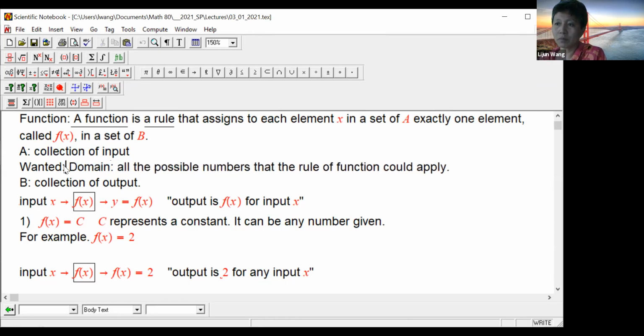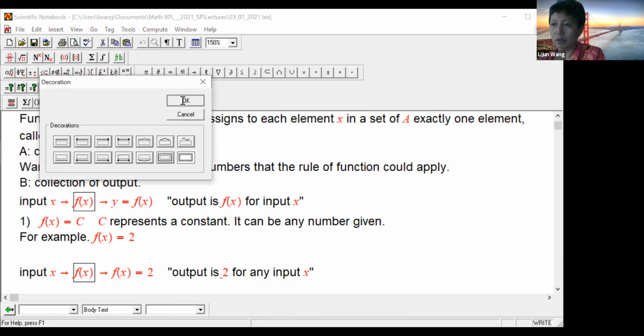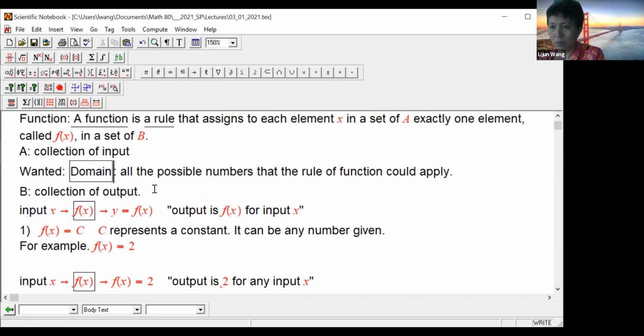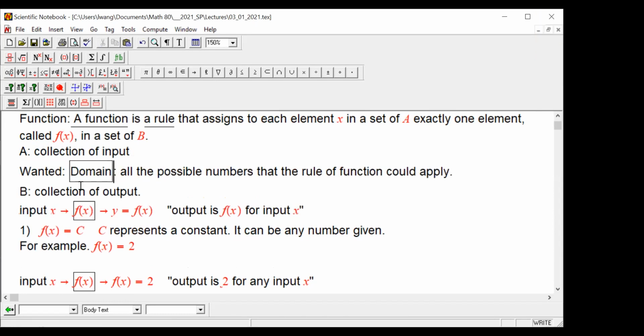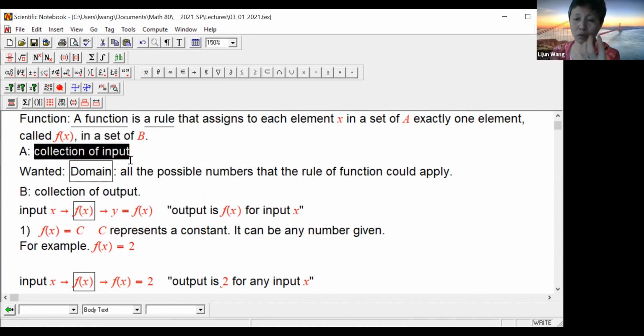Do you follow me? Does everybody follow me? Yeah. So the collection of input. Once you have this rule, this rule will assign each input exactly one output. And we want to know this rule can apply to all of those possible numbers. We put them together and call it domain.